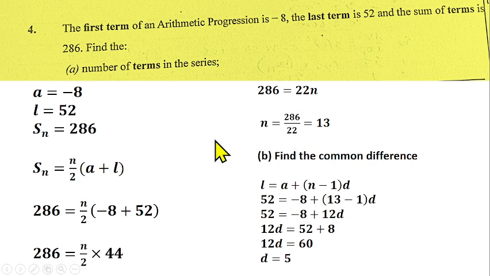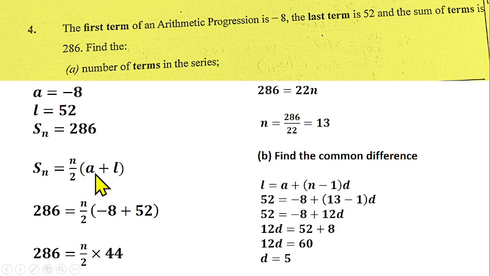So we cannot use the first one here, but we can use this one to solve this question. Because we are given the last term, we know the first term, and we know the sum of the terms, we can find our n from there.